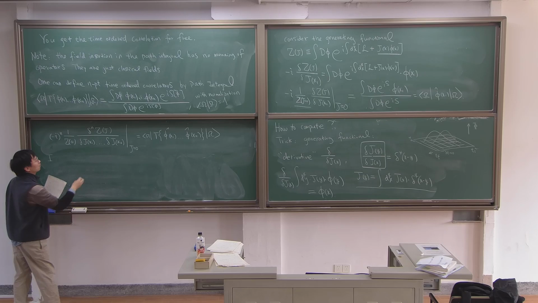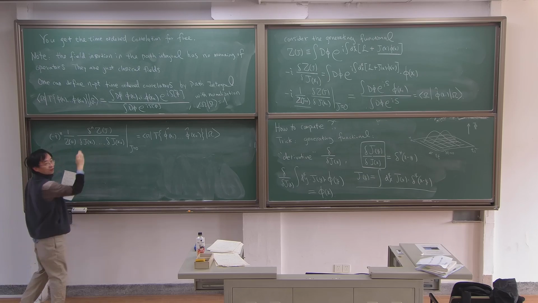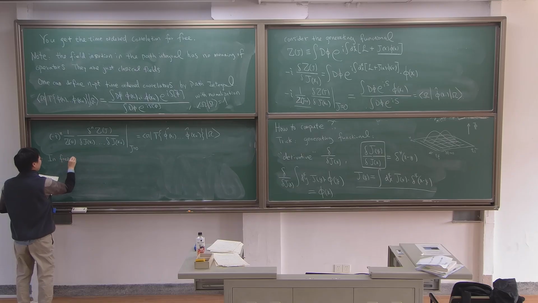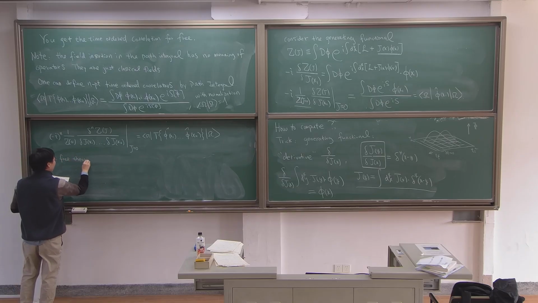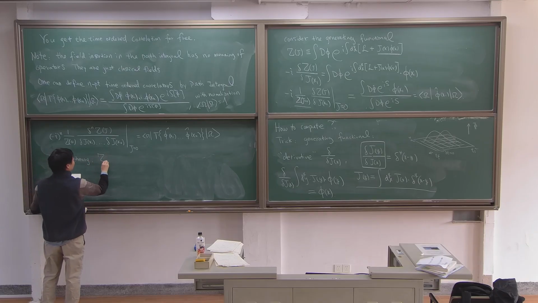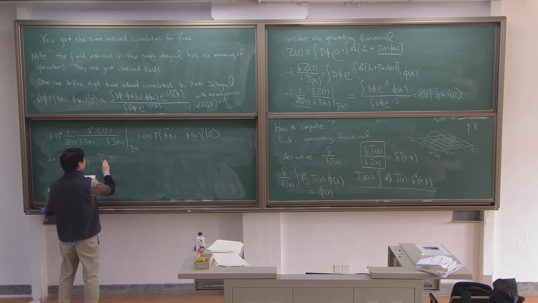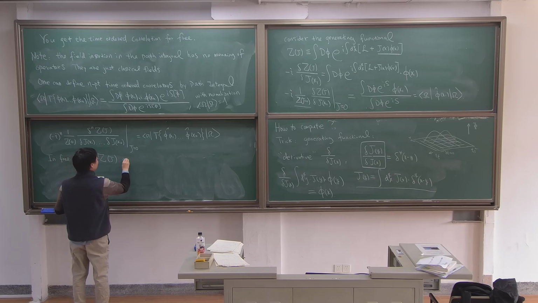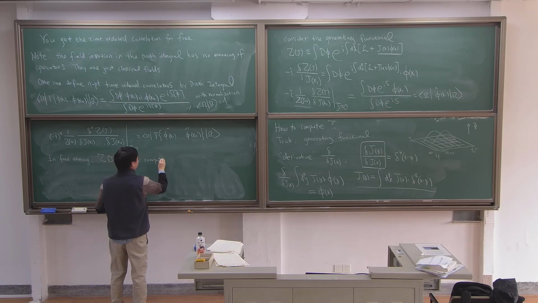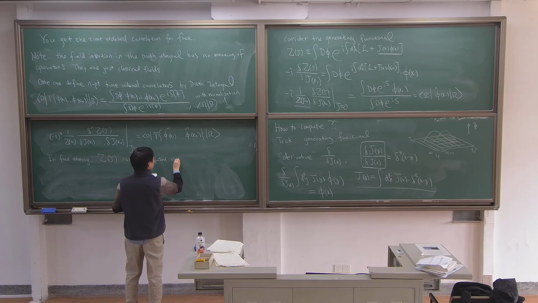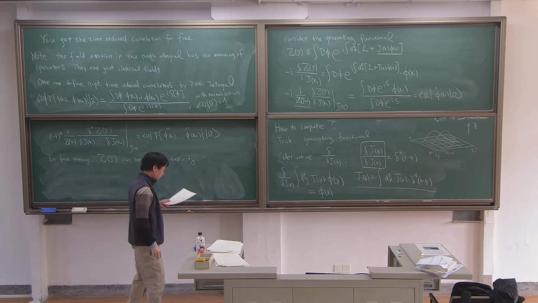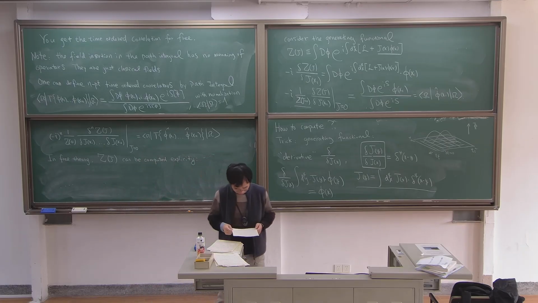To calculate this more explicitly, in free theory everything is clear, and so this Z[j] can be computed explicitly.